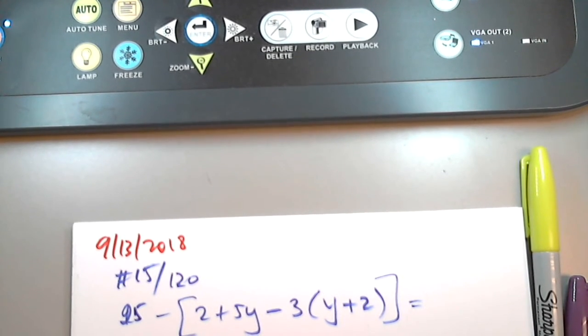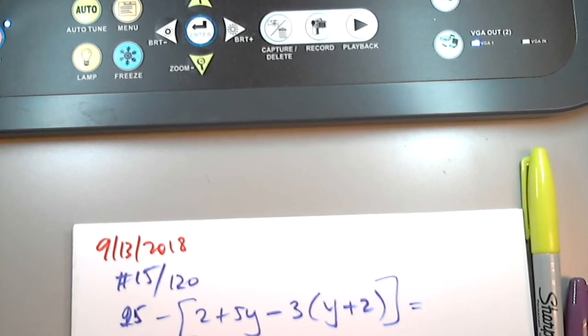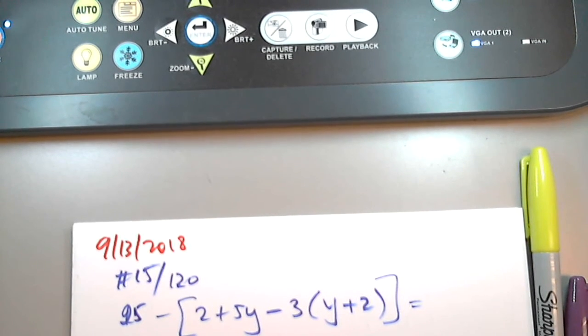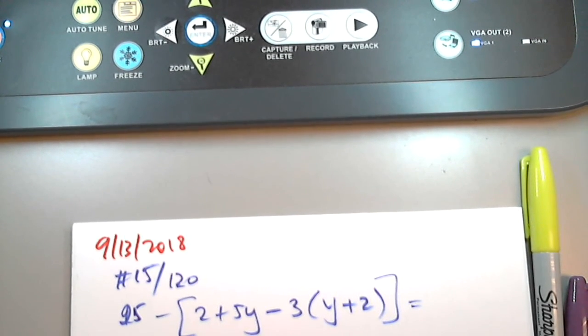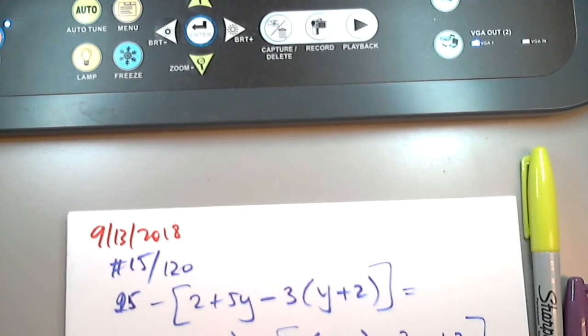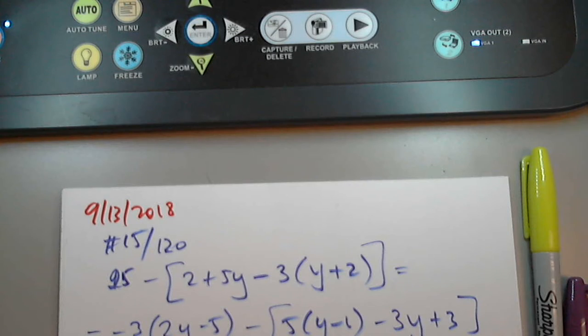Negative 3, parentheses, 2y minus 5. And then minus bracket again, open a bracket, 5, y minus 1. And then minus 3y plus 3. And close the bracket. Okay, this is a linear equation.